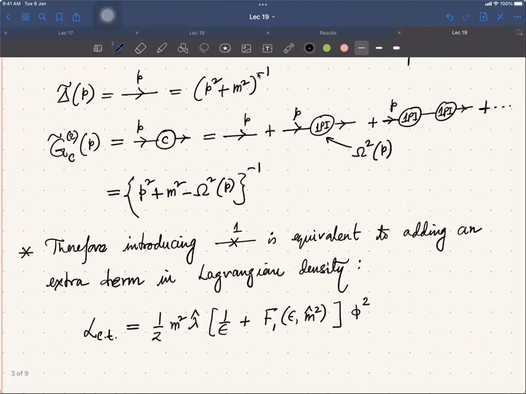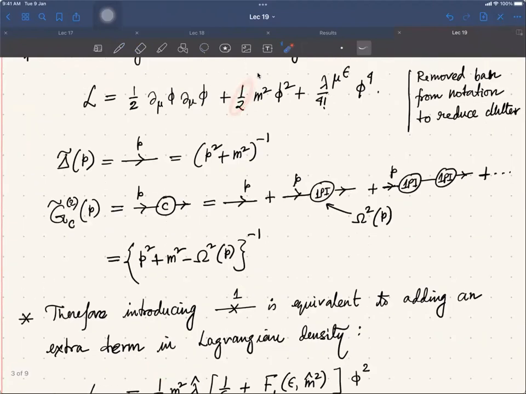We have to multiply by an overall factor of half, just like here we have a half, which is basically the symmetry factor for phi square.